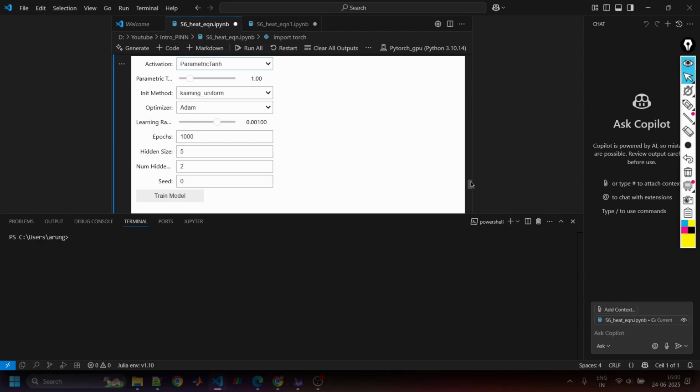Some optimizer may work for some problems, some optimizer may not work for other problems. So it's always good to try all these variables if we are facing some convergence issue. That's why I call physics informed neural networks more of an art than a science, because it requires a lot of skill rather than knowledge. We cannot simply say this will always work.